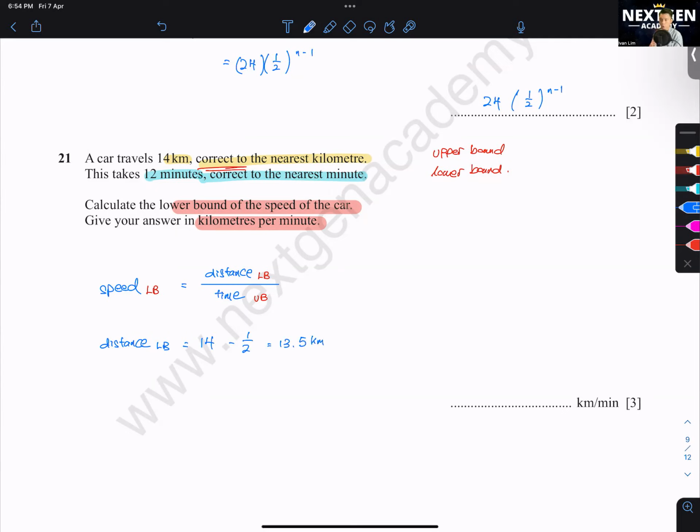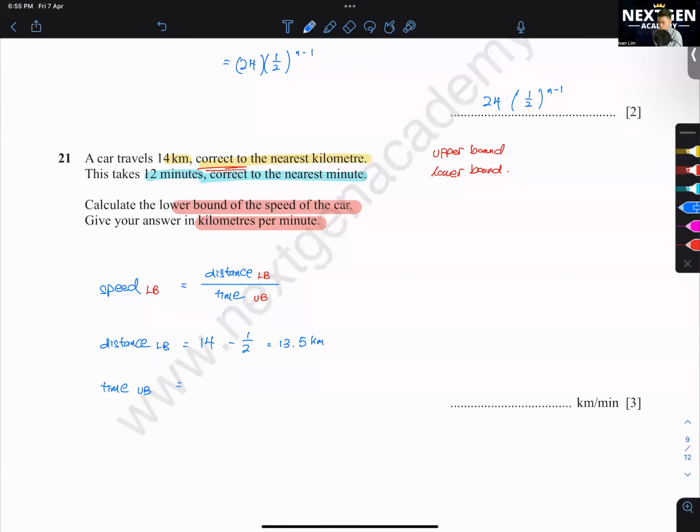I want you all to always observe your unit when you do upper bound, lower bound. You need to see what's the final unit that they want you to present it in. Distance, then we got time. Sorry, this will be your upper bound.